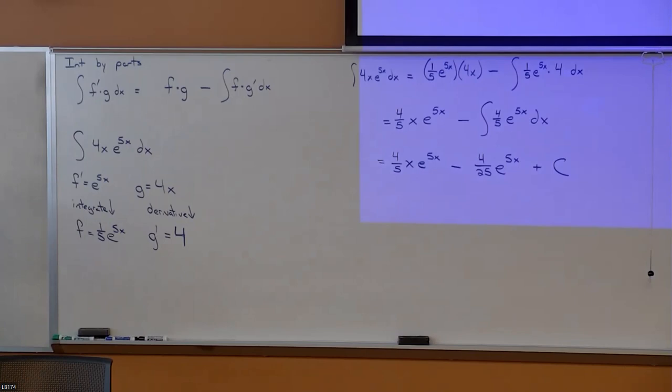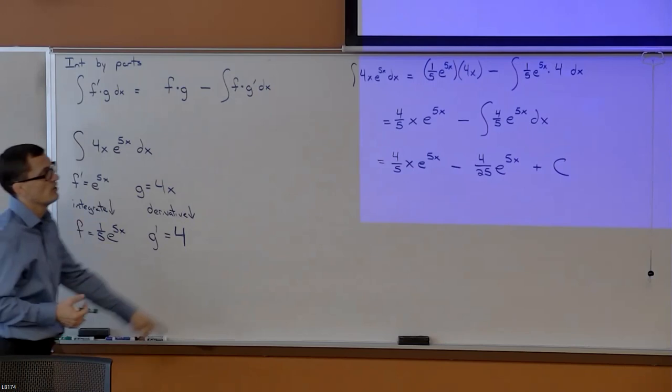And so that's my answer. And in fact, that's my final answer of what is the antiderivative, what is the indefinite integral of 4x times e to the 5x? Well, it's that.